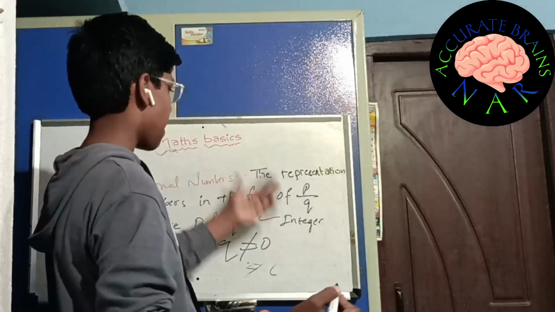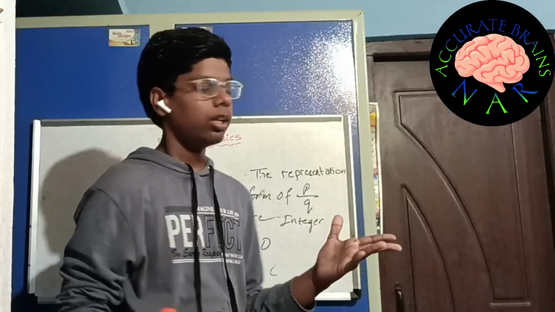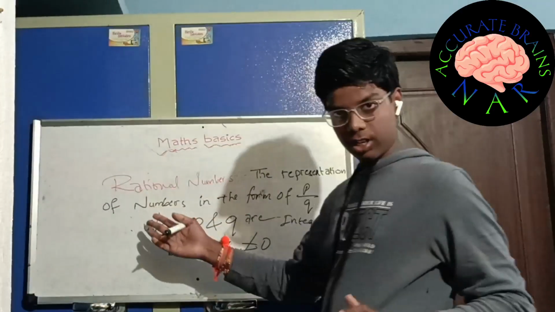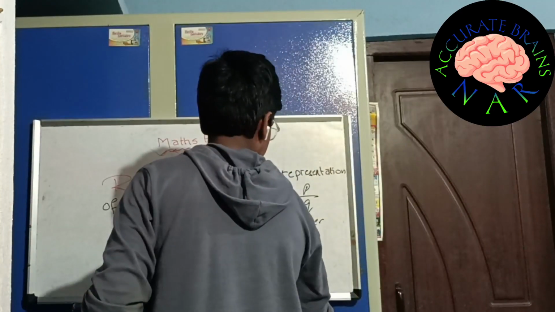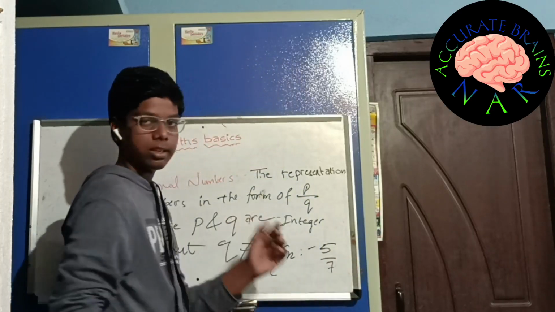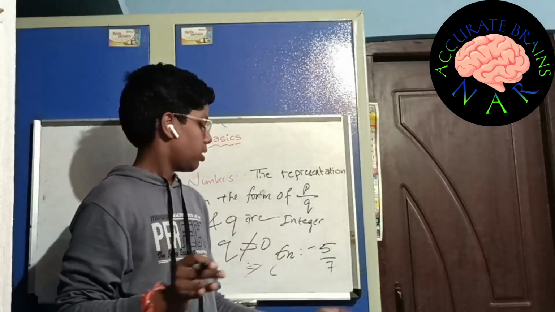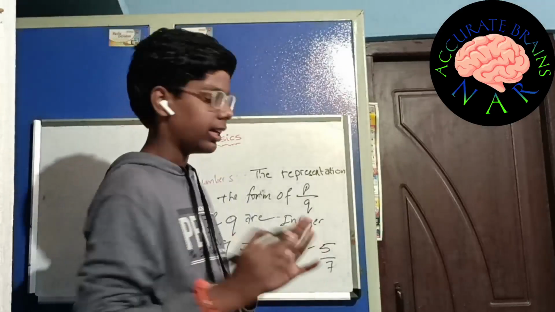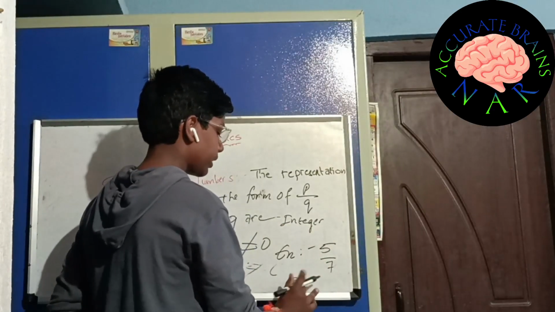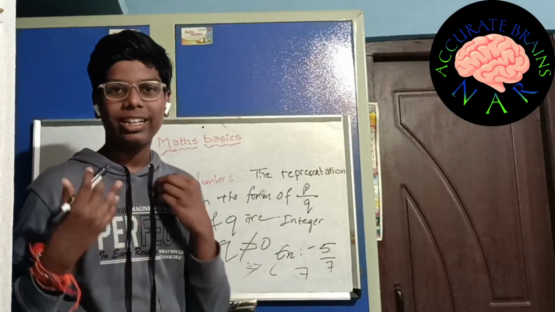As I gave an example before this, for example of rational numbers, we take 5 by 7, which is a rational number. And here I want to tell you something. The general counting numbers, like 7, are also rational numbers.